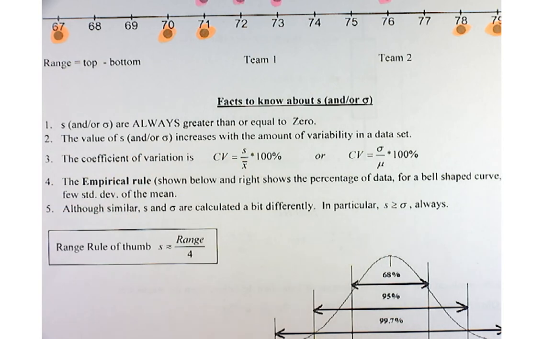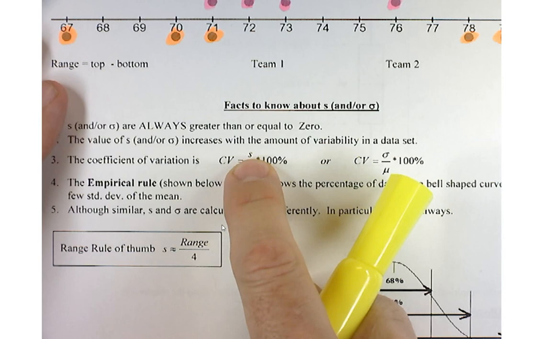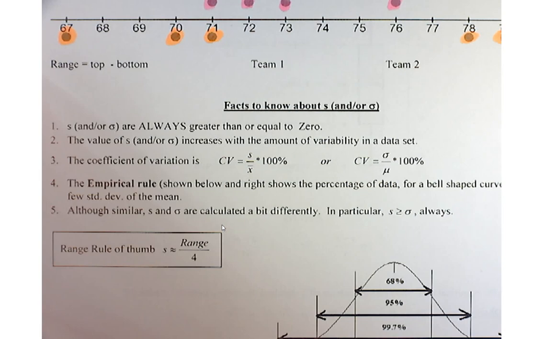There's something called the coefficient of variation, and it's a way to compare things from one data set to the next. So if you want to see how wild something is compared to the rest of the data, you can calculate the coefficient of variation. Basically, it's comparing the standard deviation to the mean and then turning that into a percentage.